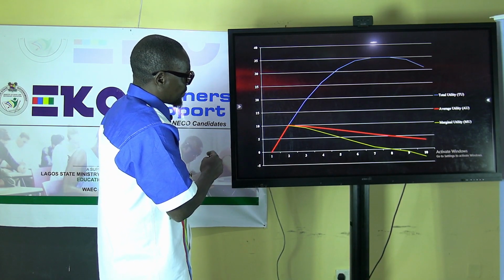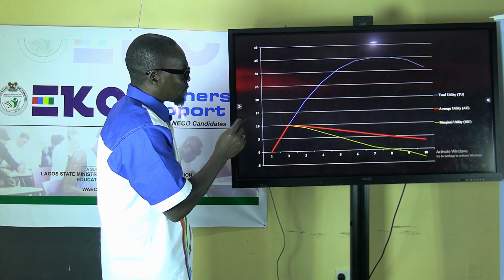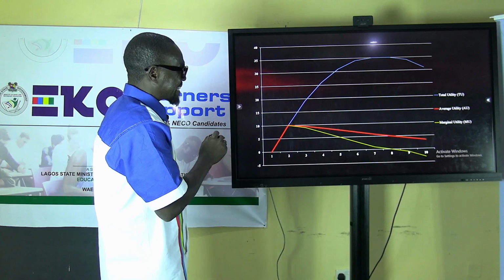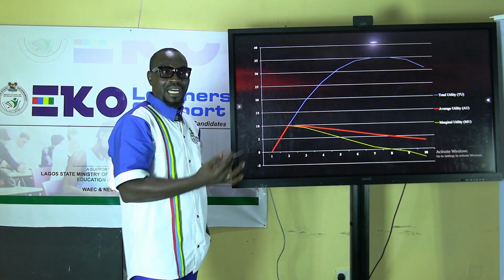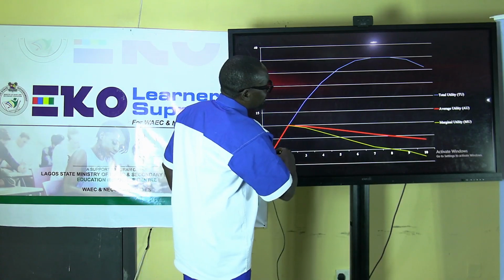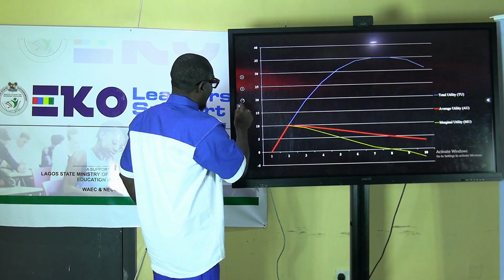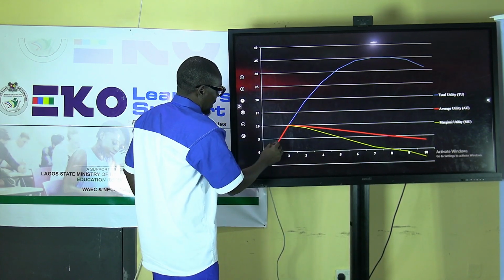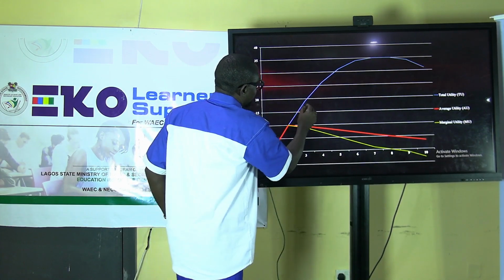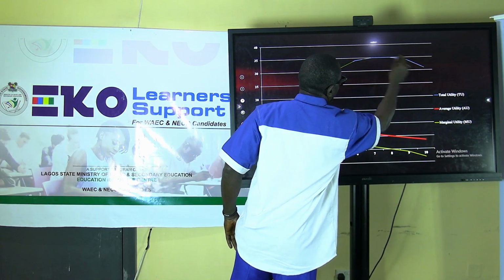Now, these functions of average utility, total utility, and marginal utility are typical. The shapes are typical of these functions. The total utility, represented by the blue line or the blue graph, typically rises and falls.